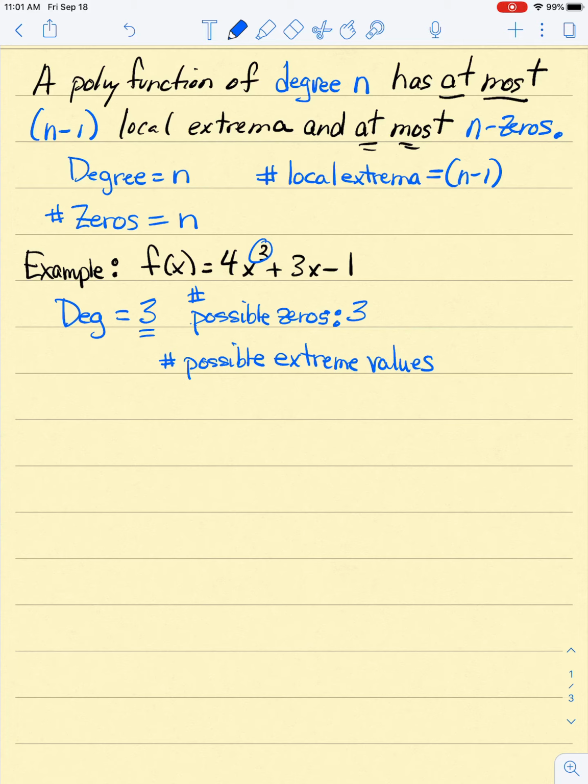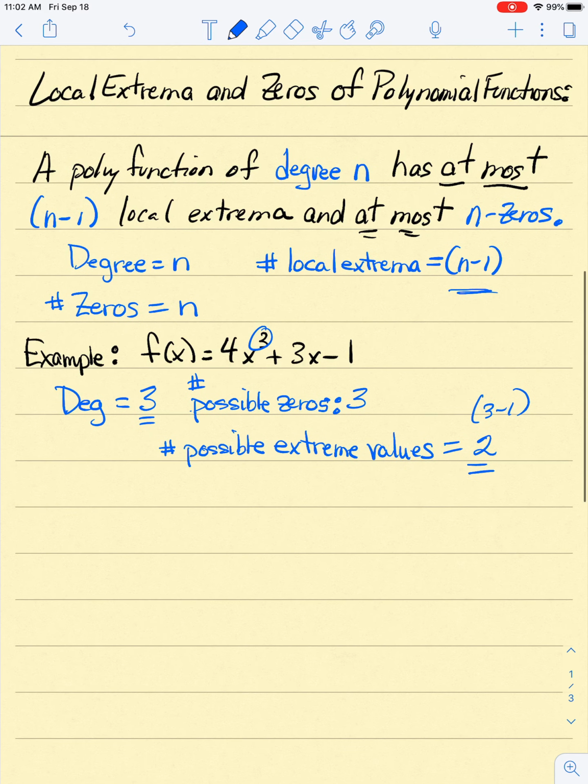Remember that's going to be n minus 1. So if our n is 3, we're going to do 3 minus 1, so 2. Always one less than the degree. Remember extreme values are your local min, local max, absolute min, absolute max, depending on what your graph's doing.